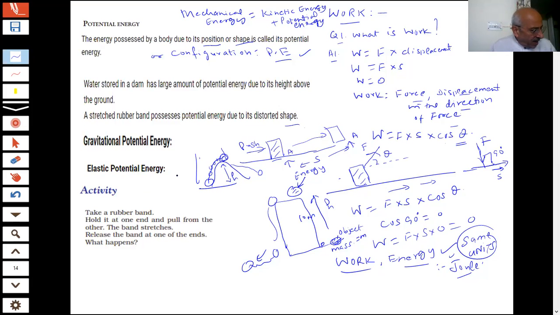In this case you have performed an activity, and the result of that activity is that energy becomes stored in a body in the form of potential energy, students. So the rubber band will regain its original shape because the rubber band has acquired energy in the stretched position. Why? Because you have to do work, student, to stretch the rubber band. You do work on the rubber band, stretch it, you are doing work. So energy becomes stored. That energy is the potential energy, students. Okay, you understood that.